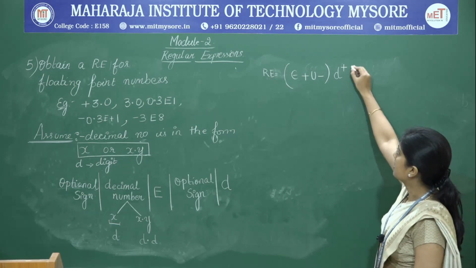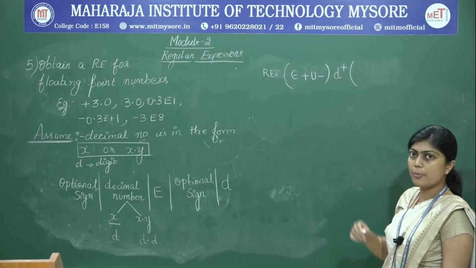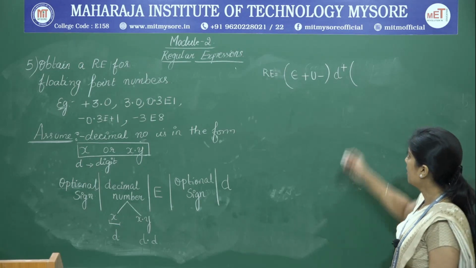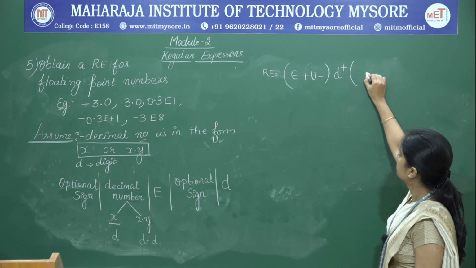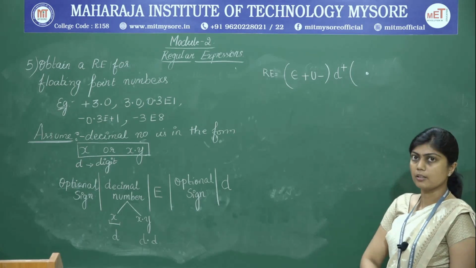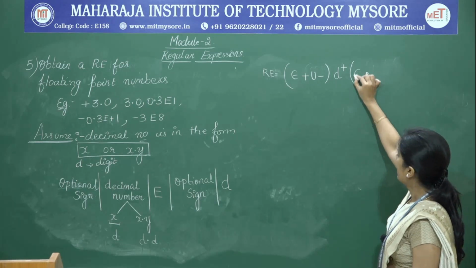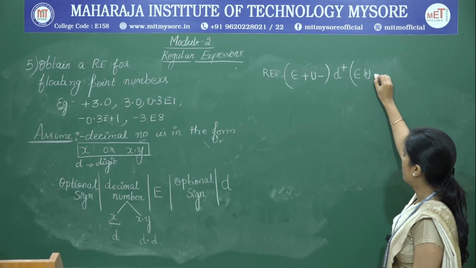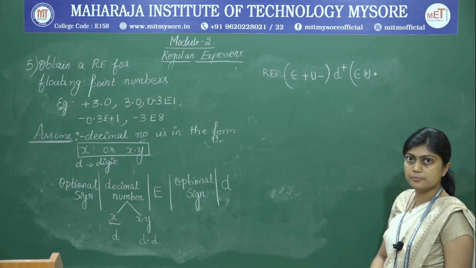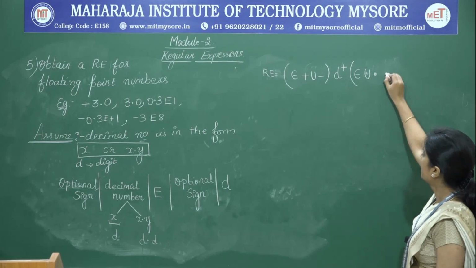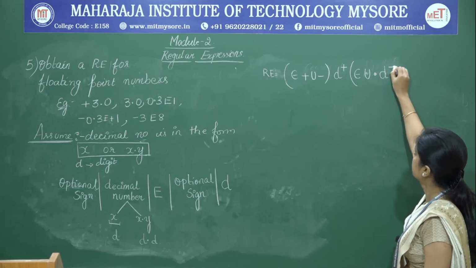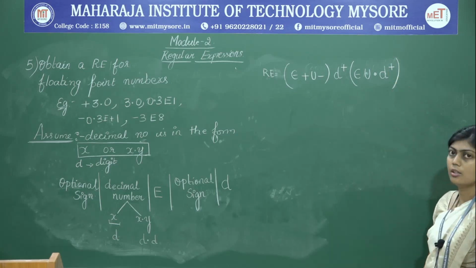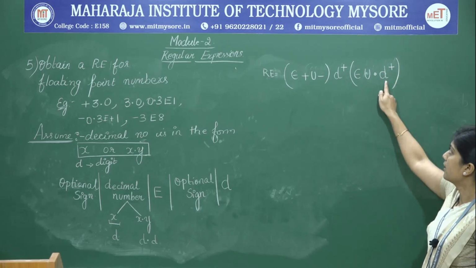After we place this, we again move to the optional part, which is nothing but the dot. It is an optional part. Therefore we say epsilon union dot d plus.